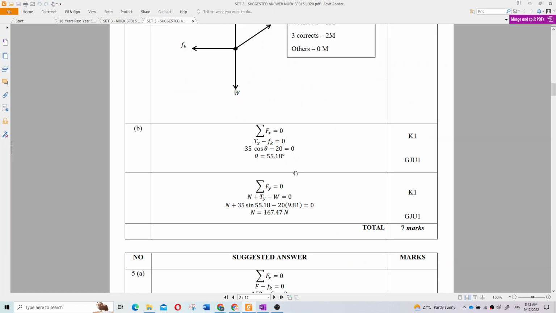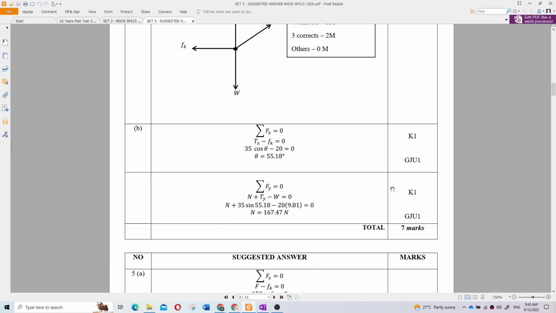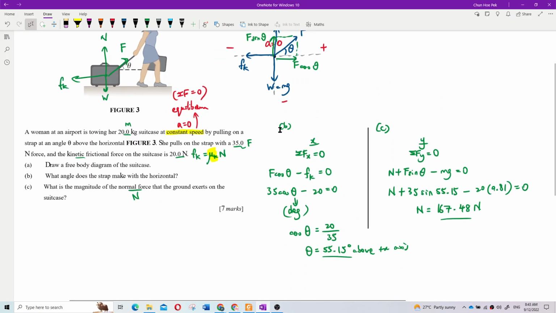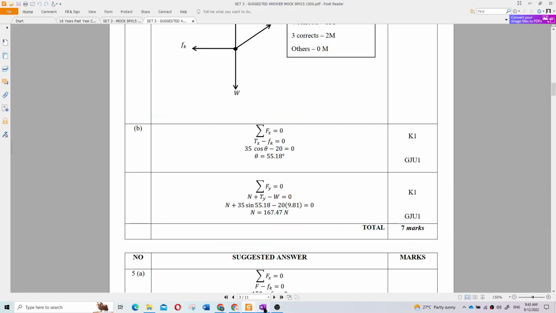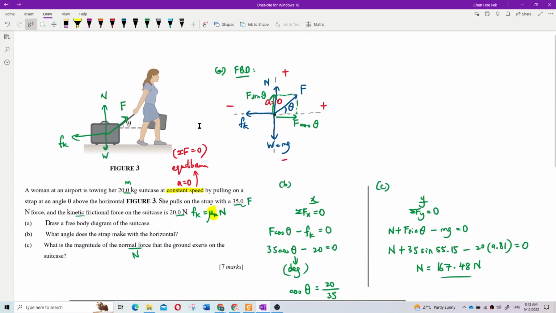It's okay, you can still accept it, because my answer is not rounded up, but the given answer is rounded up already, so that's why it is a bit different. And then the normal force is 167.4748. So it's correct. That's the way. Understand, class?